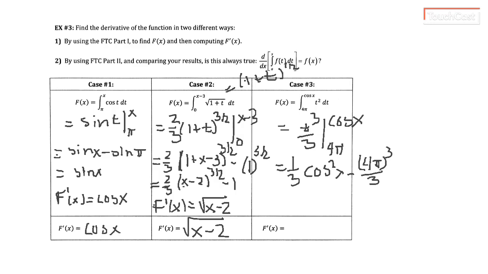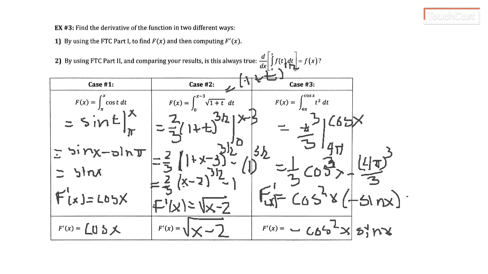Okay, so in this case, when I take then the derivative of this, I bring down the 3, which will cancel out the 1/3, and I'm going to have cosine squared x, but then through the chain rule, I have to take the derivative of just the cosine, which is negative sine x, which gives me a final derivative of negative cosine squared x sine x, or you could also say negative sine x cosine squared x.